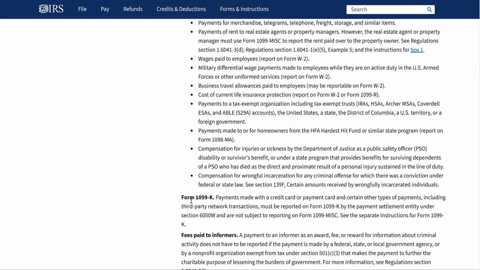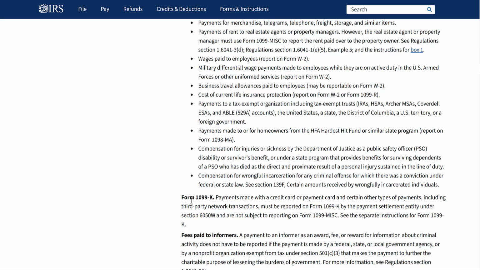You are not required to determine if they've reached that threshold or if PayPal properly issued the 1099-K. You're not required to do any of that. Essentially, if you pay a third party through a payment processor in a manner in which they may be subject to 1099-K reporting, you don't report those payments.